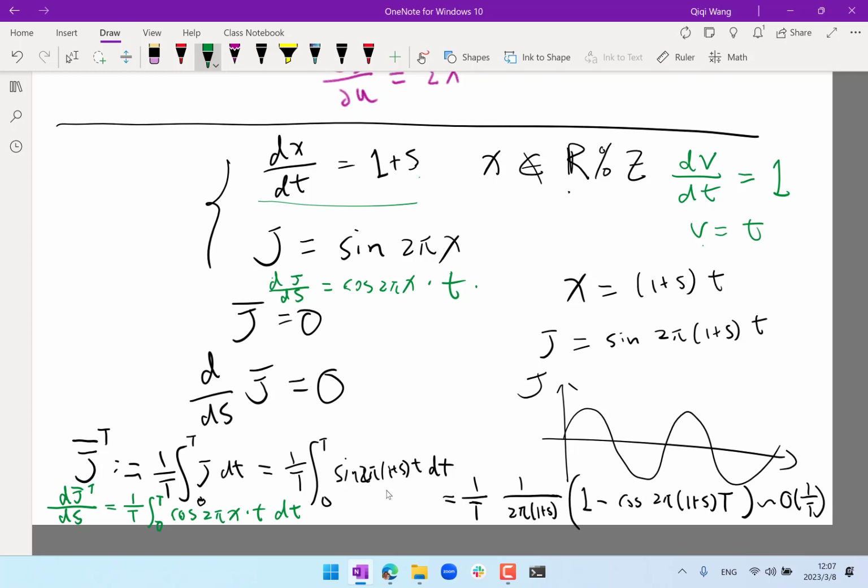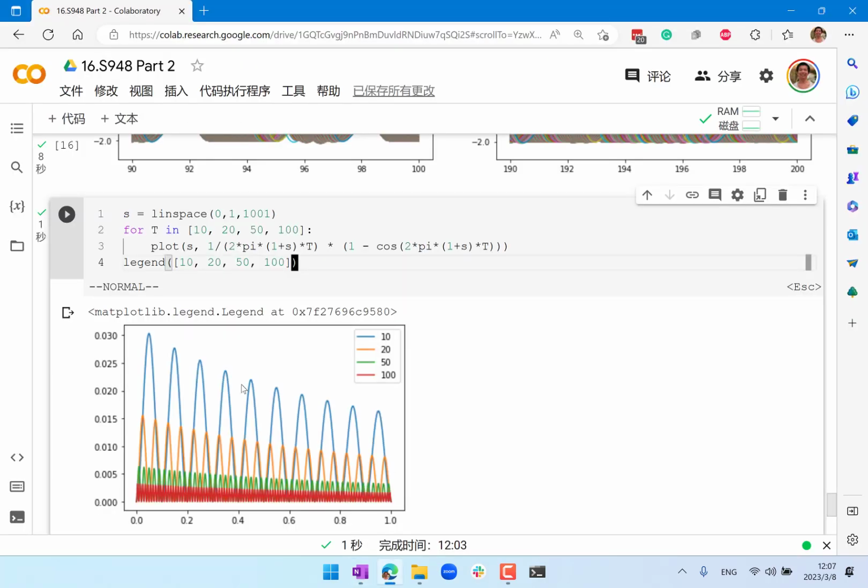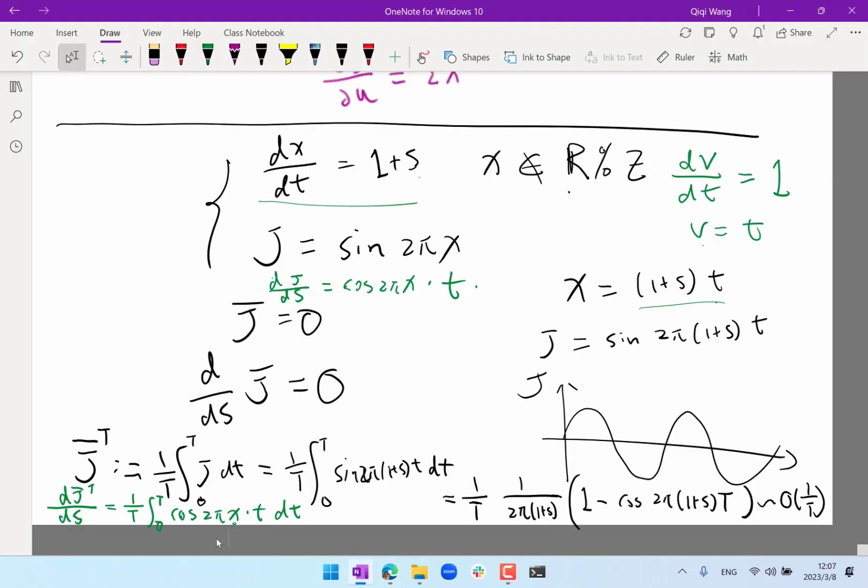Okay, so we are going to see that of course if you substitute x into this equation and integrate analytically, you're going to get the same thing as the derivative of this function, which is never going to go to 0. So that 1 over t cancels out with t, right. The magnitude of this integral would also grow linearly with respect to big T, and that cancels with the 1 over t. So it never goes to 0.